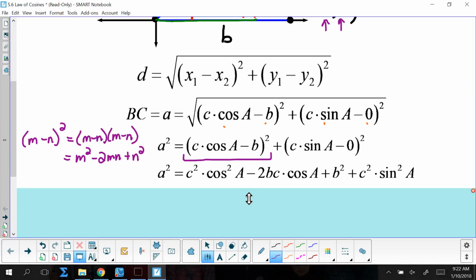So that became this right there after I multiplied it out. Because I'm subtracting 0, this part right here could just go away, and then I just really am squaring c and squaring sine.